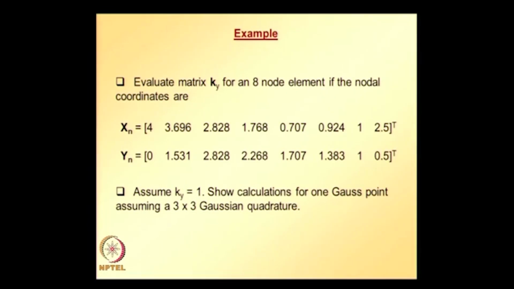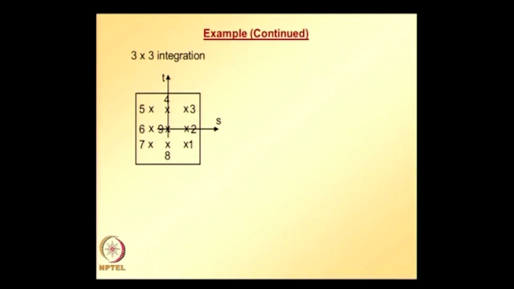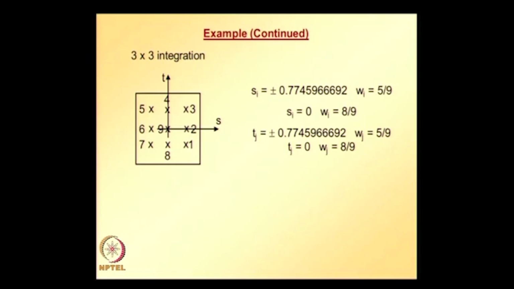So, we need to know what the weights and coordinates are when we use 3 by 3 Gaussian quadrature. Already we discussed this earlier, and these are the coordinates and weights in the s direction and t direction.